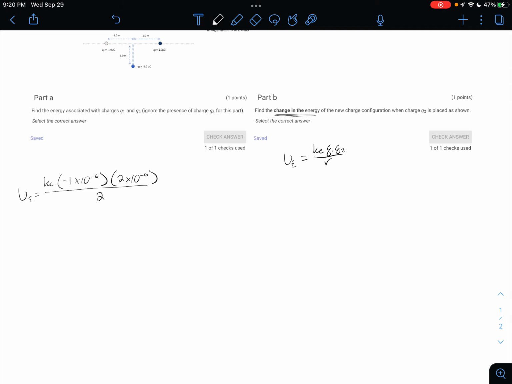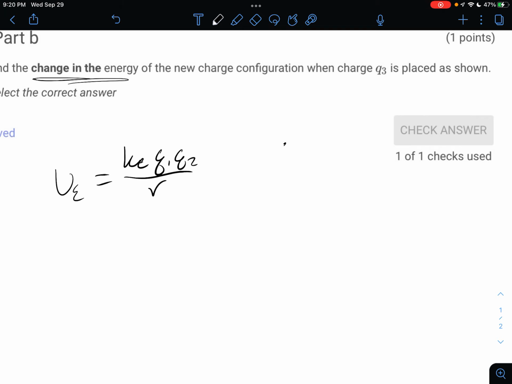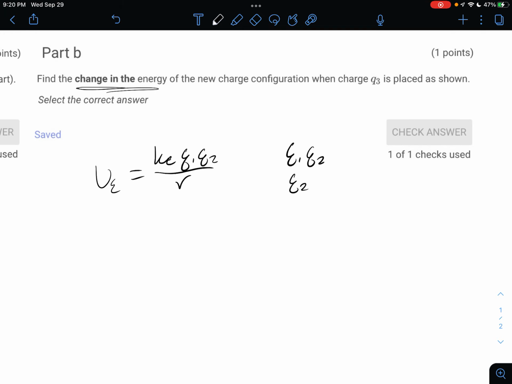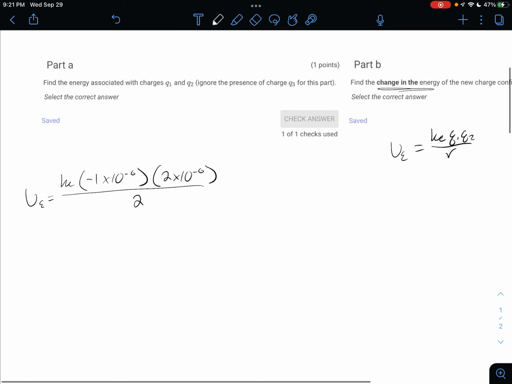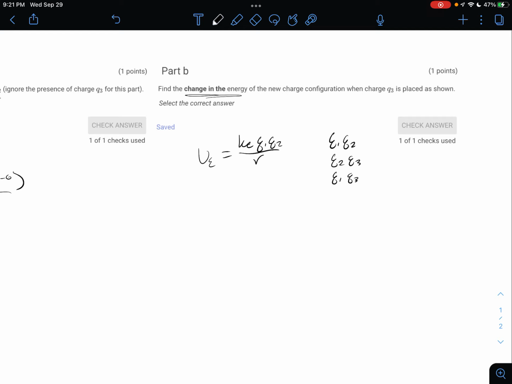So if we're going to do it between each pair, it's going to be between Q1 and Q2, Q2 and Q3, and Q1 and Q3, right? But we already did Q1 and Q2 over here. So that energy already exists in the system, and that wouldn't be the change in the energy.